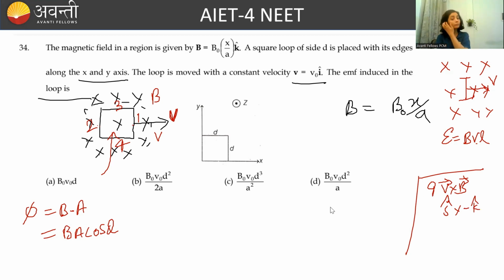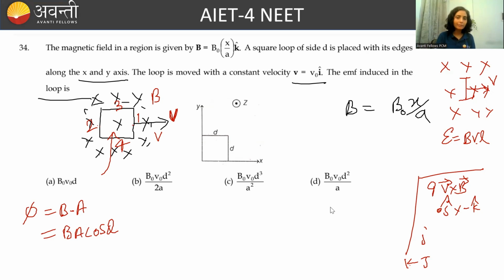Okay? Now see, what is i cross minus k cap? i, j, k: i cross k is minus j. So i cross minus k will be equal to j, because i cross k is minus j.